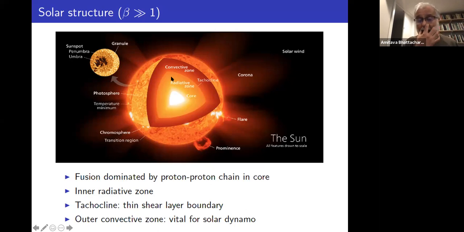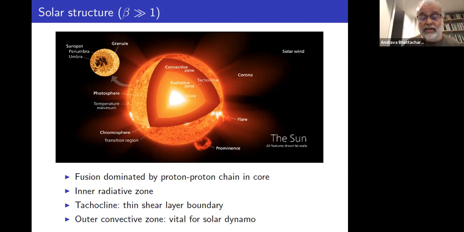And one of the remarkable discoveries of helioseismology is that there is a very thin layer that separates the radiative zone from the convective zone. And it's called the tachocline, using a term that Edward Spiegel of Columbia University first concocted. And he did so without even knowing, he was a visionary, how thin that tachocline was. And it turns out that helioseismology has now shown us that it's less than 5% of the solar radius.